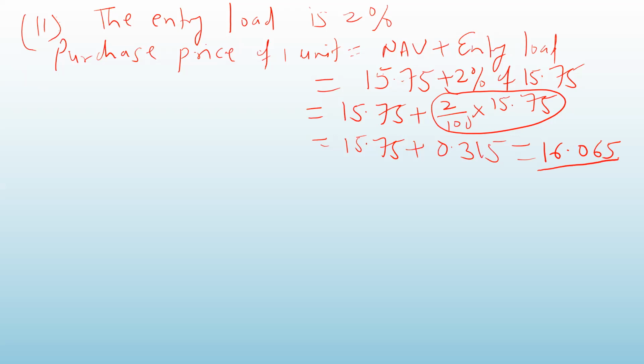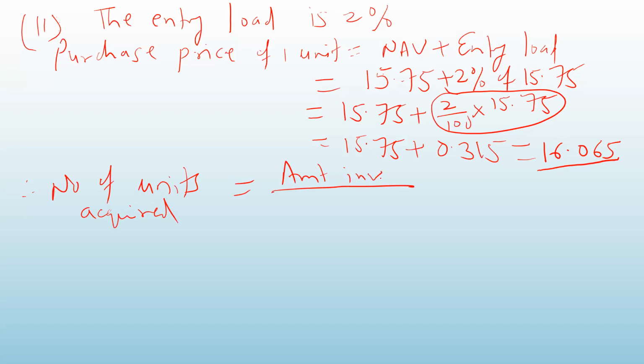This is the purchase price of 1 unit. Now, when you know the purchase price of 1 unit, you can find out number of units. Number of units is equal to amount invested divided by purchase price.